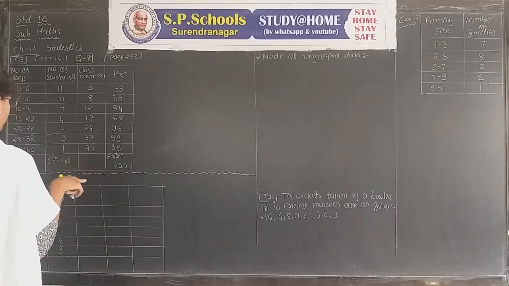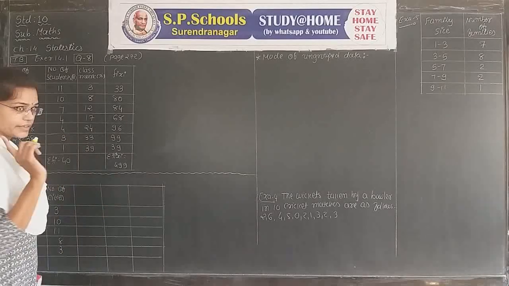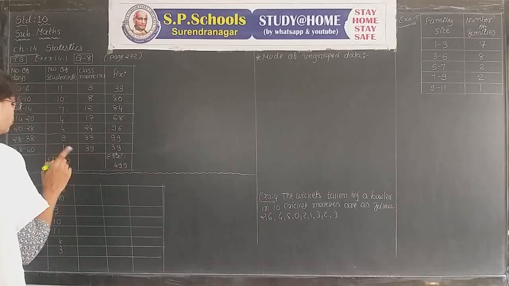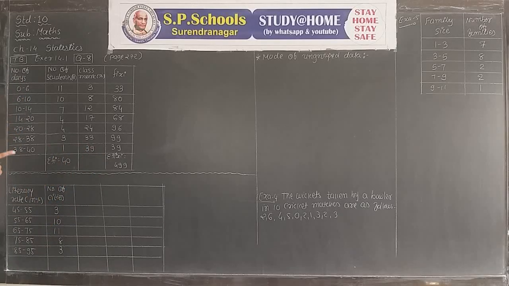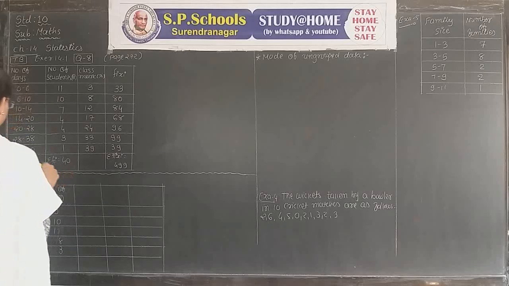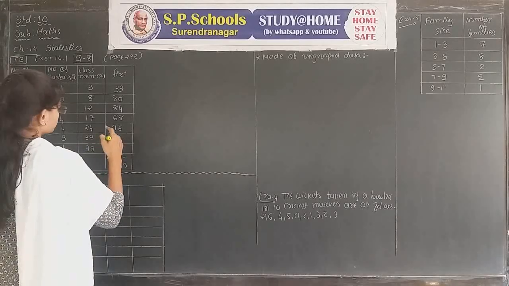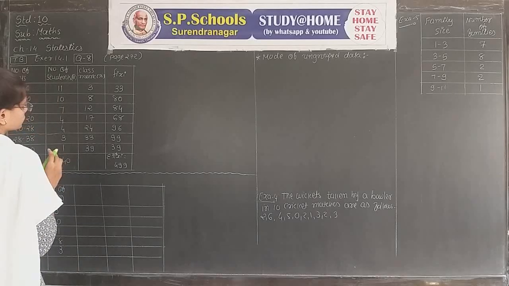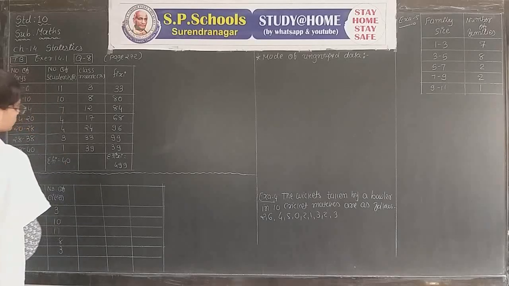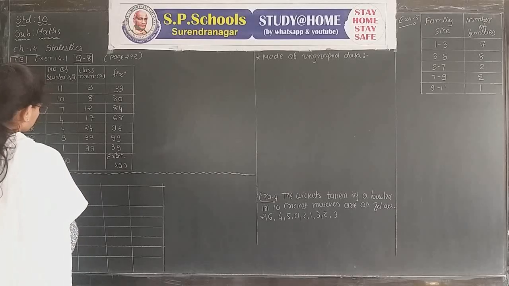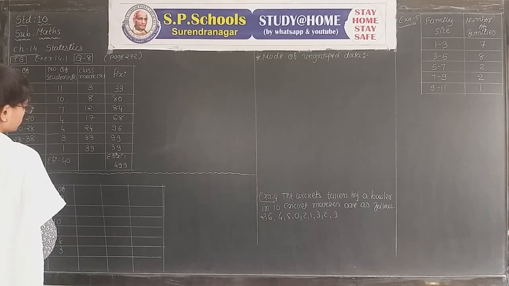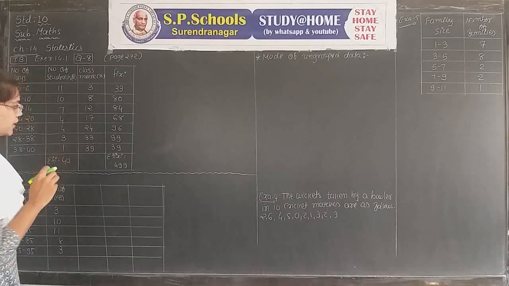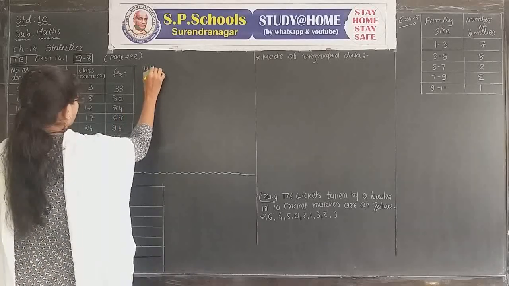We check Fi Xi again, because if Fi Xi is wrong, sigma Fi Xi is wrong, and then our answer is also wrong. Okay, 499. Using which method? Using the direct method.